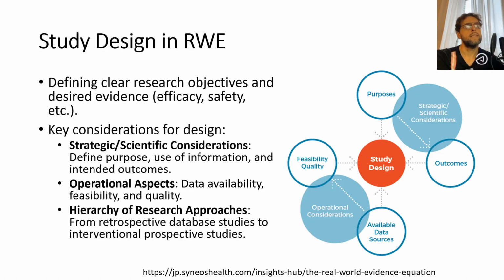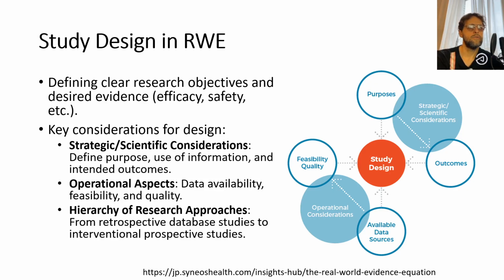So to proceed with study design, we will define clear research objectives for the study and what our aim will be: efficacy, safety, or something else. And key considerations here will be to have a certain strategy, defining the purpose, how we are going to operate with this data, how we are going to find this data, make it available and feasible, and how we will ensure the quality of this data.